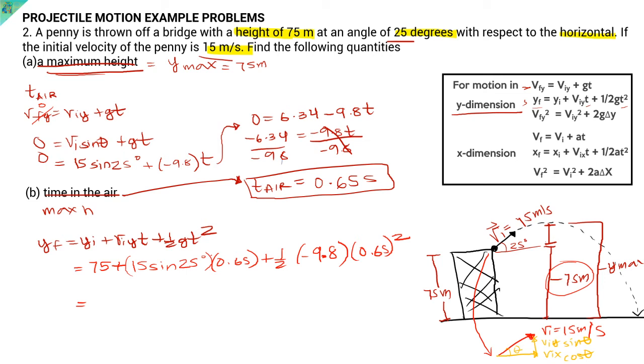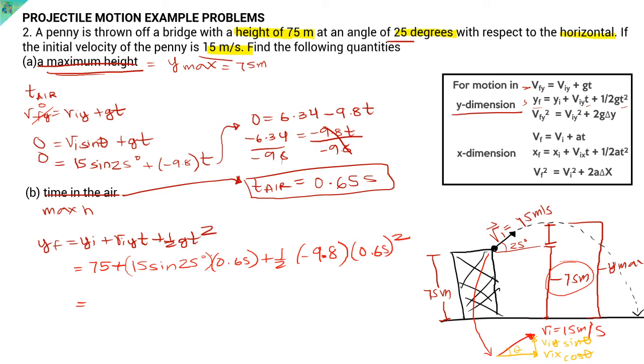75 plus 15 sine 25 multiplied by 0.65, plus 1/2 times negative 9.8 times 0.65 squared.